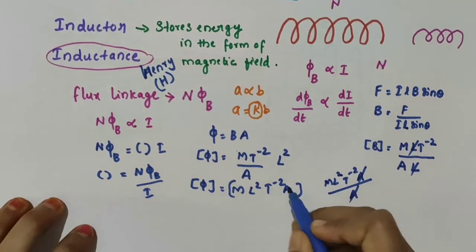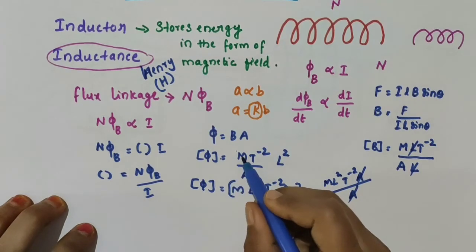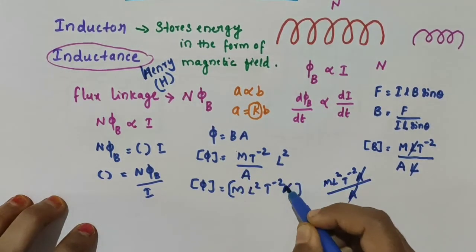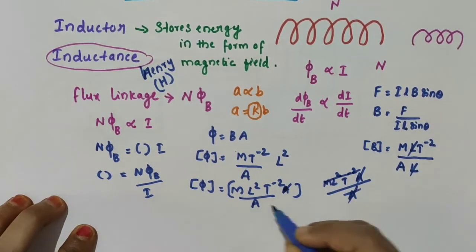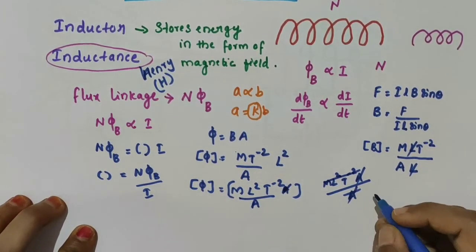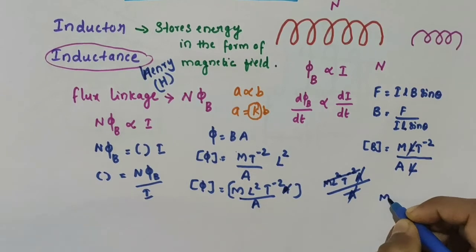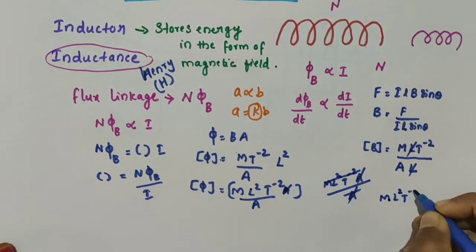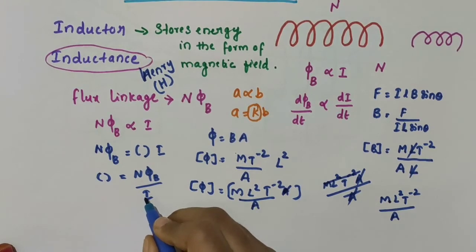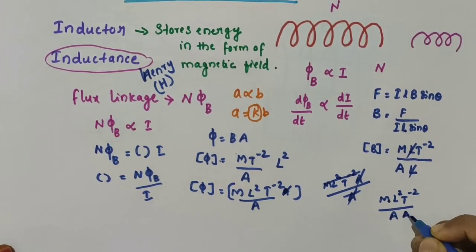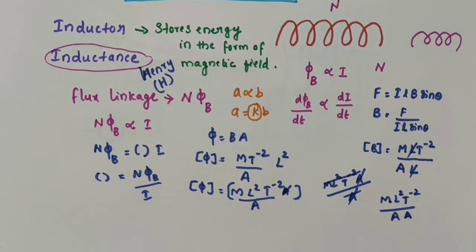The dimension of flux is actually M L square T raised to minus 2 divided by ampere. Then the dimension of current, that is also ampere, so that is also in the denominator.